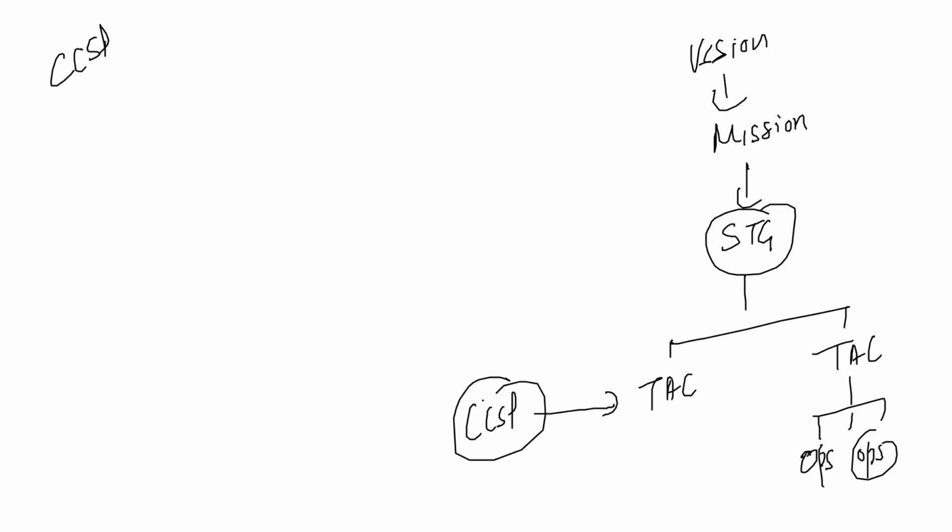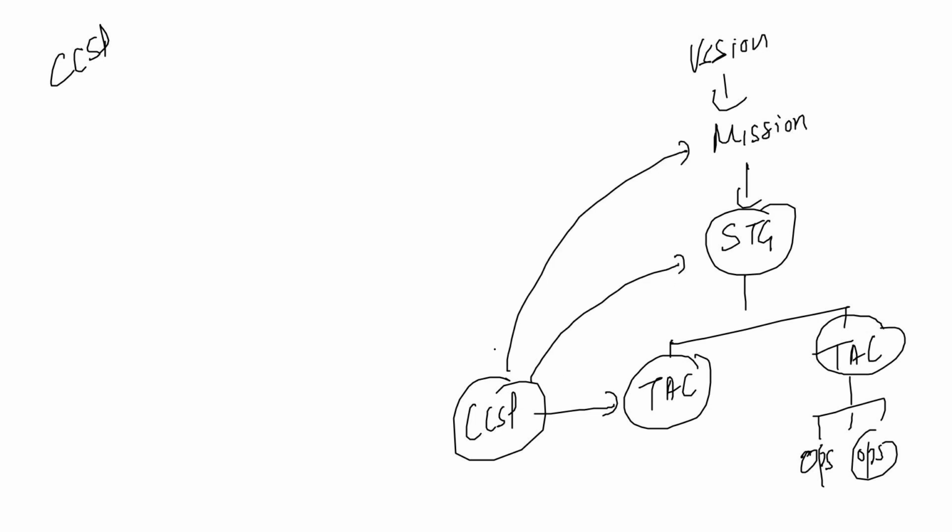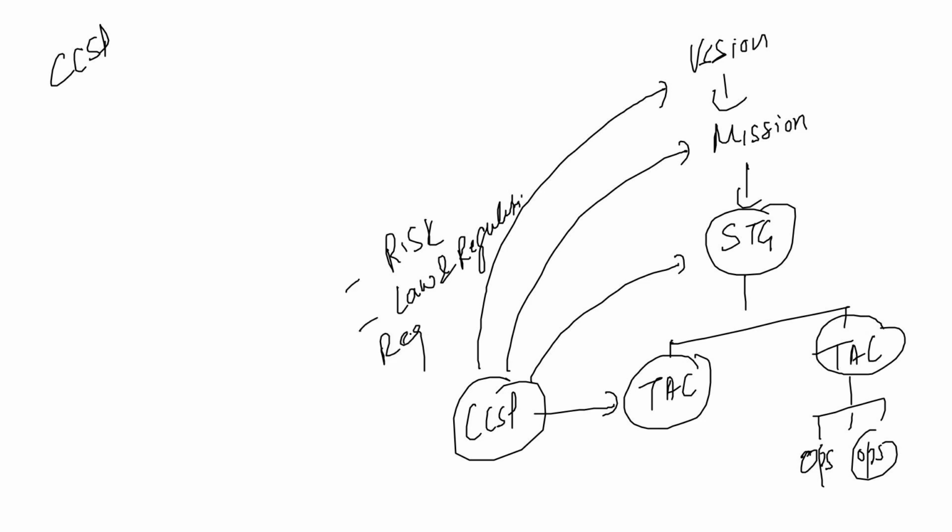That means the cloud security professional's role will start to create a strategy and a tactical plan. That means he will understand the strategy, the mission and vision of the organization. According to this, he will understand the risk, understand the law and regulation, understand the requirement, and also develop controls which reduce the risk within the risk appetite so the business can run.